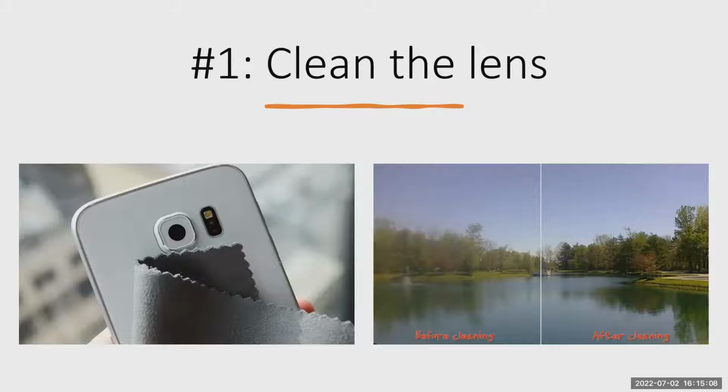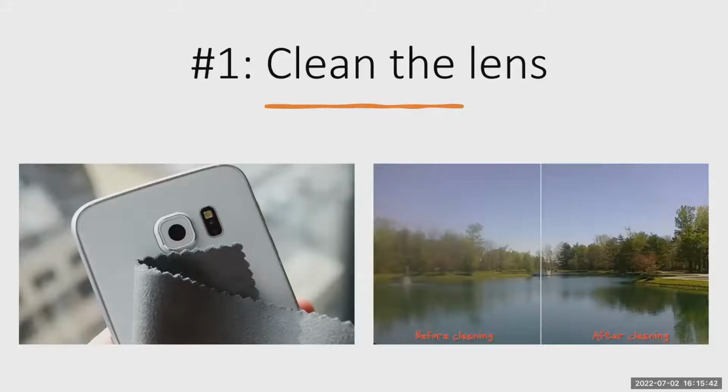As a result, the images we shoot with the camera become very blurry. You can see the image on the left, before cleaning, how the image was. It looks very, very soft, with a lot of the trees getting smudged. Whereas after cleaning, the same camera produces a much cleaner looking image.